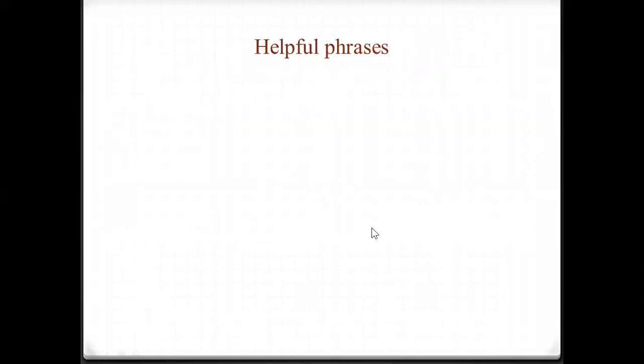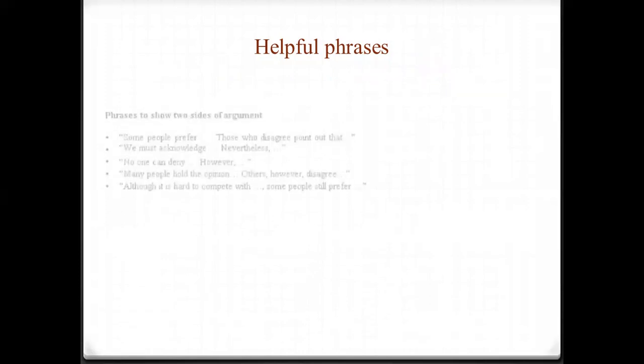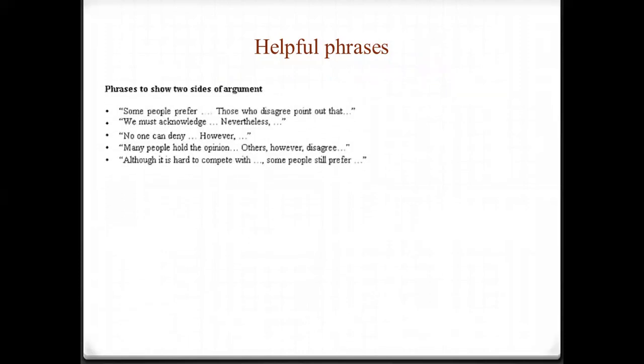So on this slide, we're going to discuss the helpful phrases for your essays. Let's start. Phrases to show two sides of arguments. Okay. Say, for example, some people prefer, those who disagree point out that. Okay?